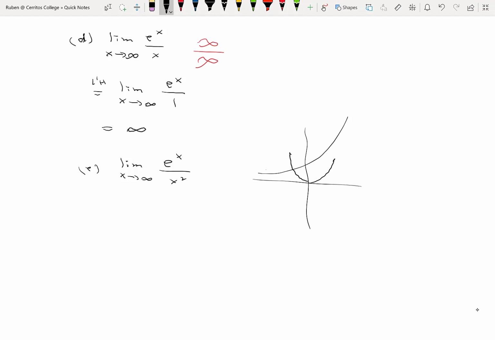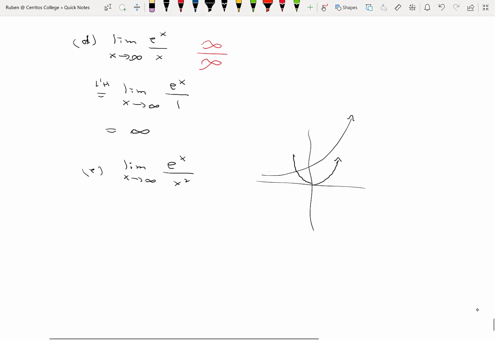Okay, now we're getting a different situation. As x gets large, both the exponential function and y equals x squared get large. So do we still get infinity, or does x squared catch up with e to the x as x gets large? Well, we don't have to rely on our intuition for this.